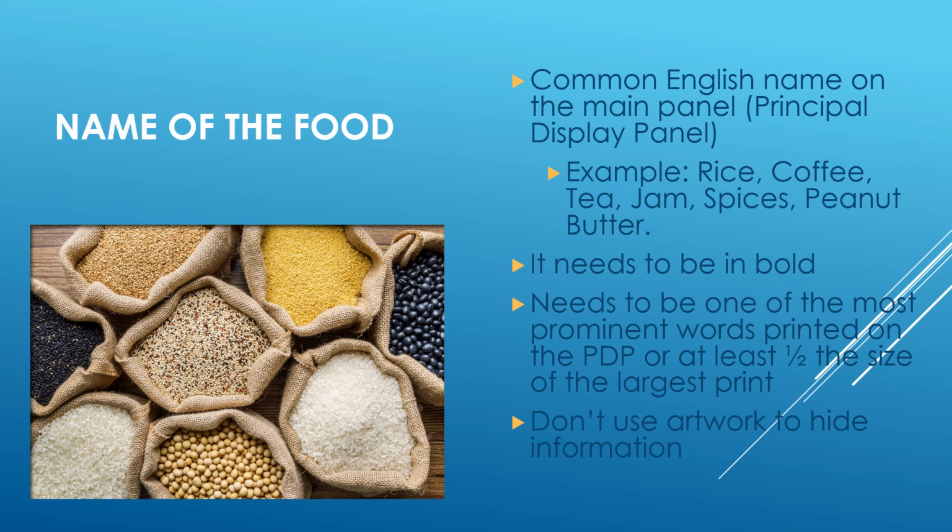Okay, so for the name of the food, the common name is very simple for many products. I mean, rice is rice. So if you're having difficulty with a product and you can't really say whether this product is a juice, or rice, or milk, you can get help.